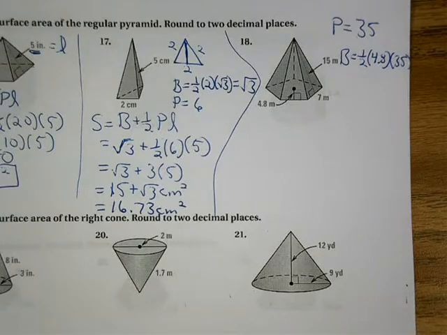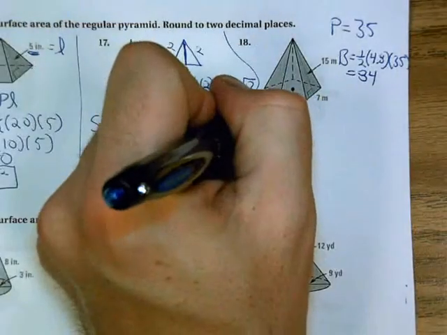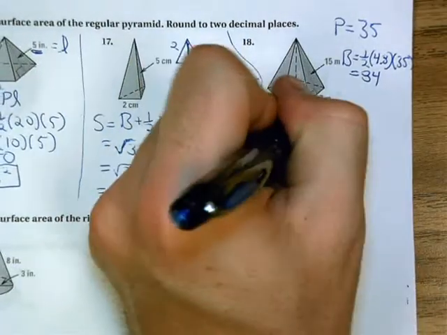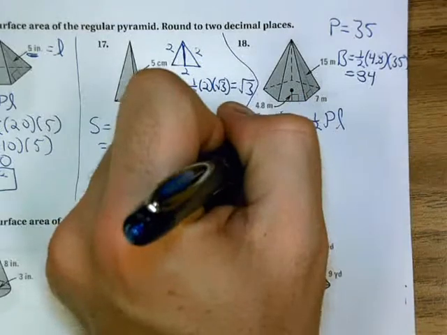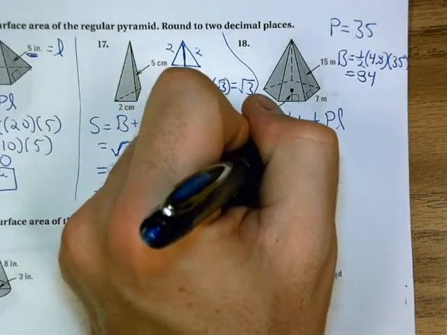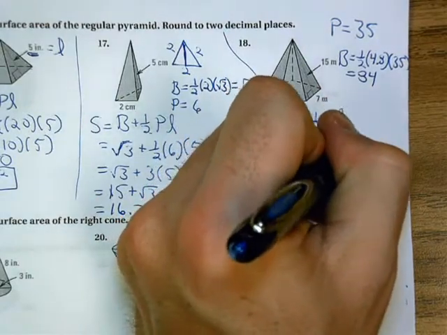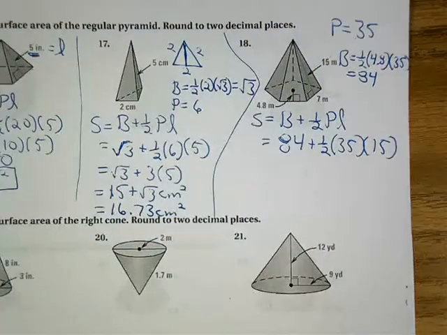So I'm going to do 4.8 times 35 divided by 2, and I get that the base area is 84. So my surface area is going to be the base area plus 1/2 the perimeter times slant height, which I get 84, plus 1/2 35 times 15. 35 times 15 is 525.